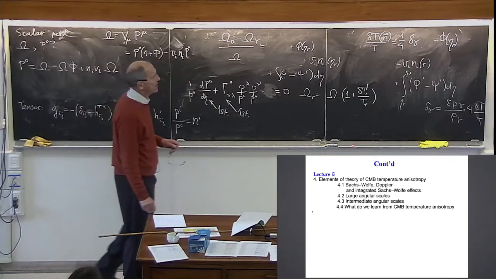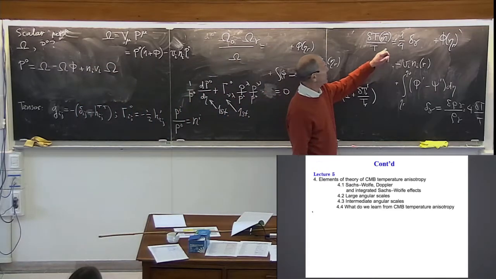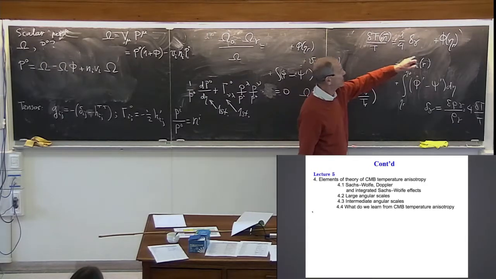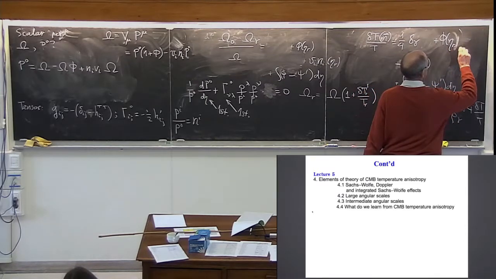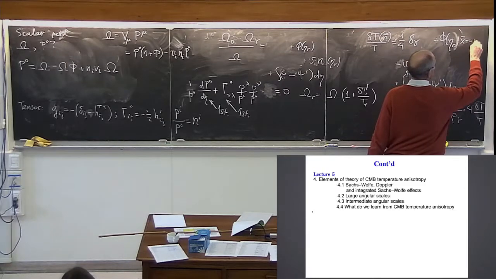Okay? So it relates the temperature I see on the sky in the direction n to the potential. Of course, this potential should be calculated at x equal to minus n times (eta 0 minus eta recombination), right?